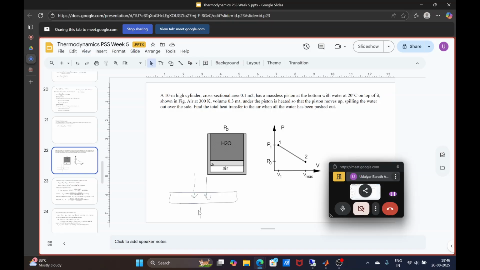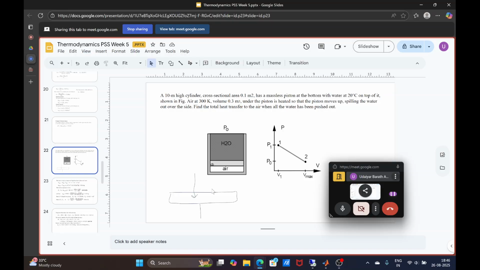So what's happening is the pressure is exerted, and you have the weight of the piston, but this being a massless piston, the piston weight is negligible, 0. So there are only two forces acting. One is the pressure exerted by the air, and the other is the weight of the water.